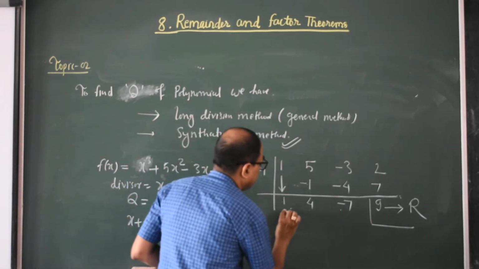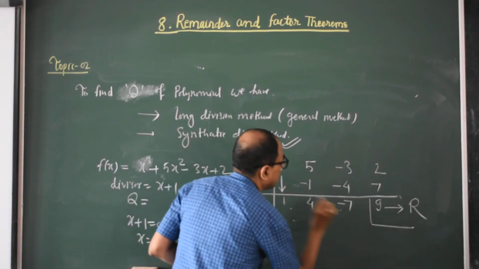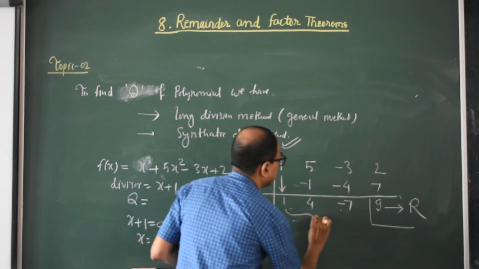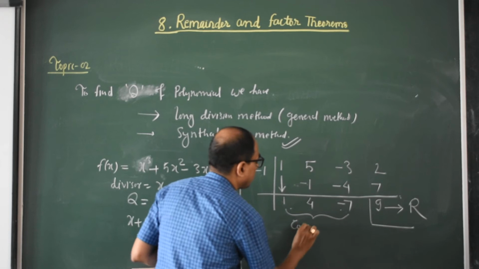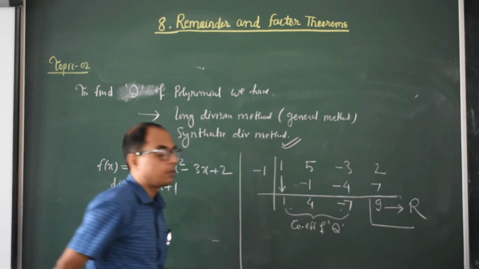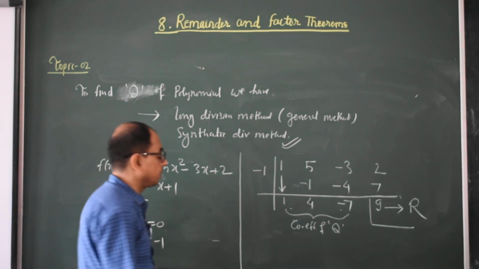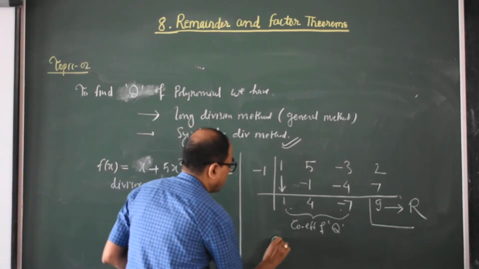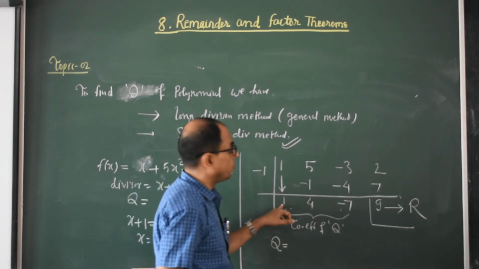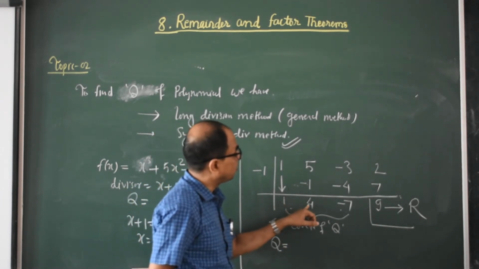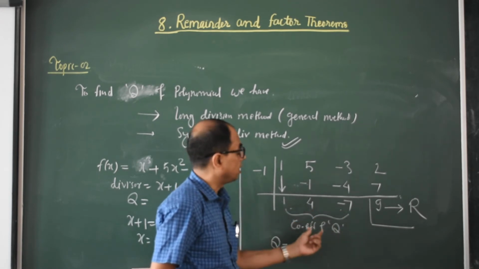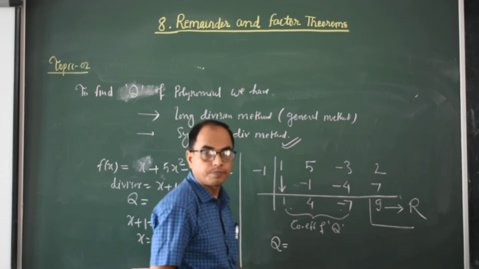And these three numbers represent the coefficients of the quotient. So what is the value of the quotient? This represents the coefficient of x square, this the coefficient of x, and this the constant in the quotient.